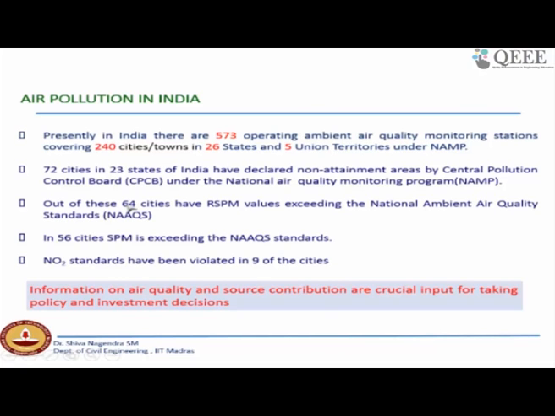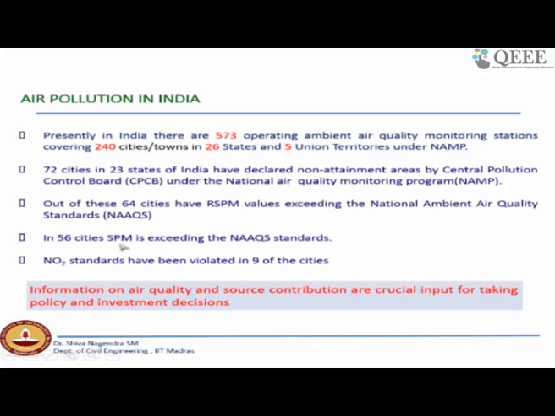Out of these, in 64 cities the respirable suspended particulate matter values are exceeding the national ambient air quality standards. Okay. And in 56 cities suspended particulate matter is exceeding the national ambient air quality standards. Now suspended particulate matter has been replaced.